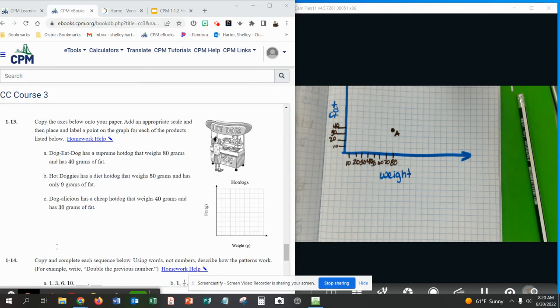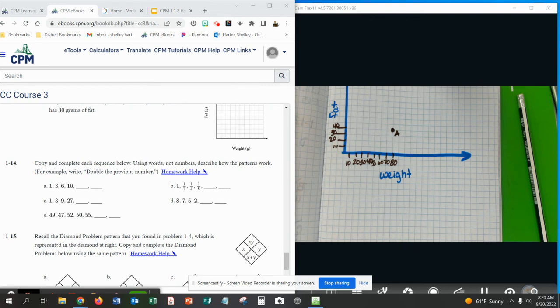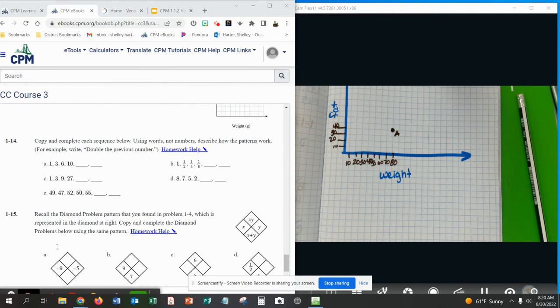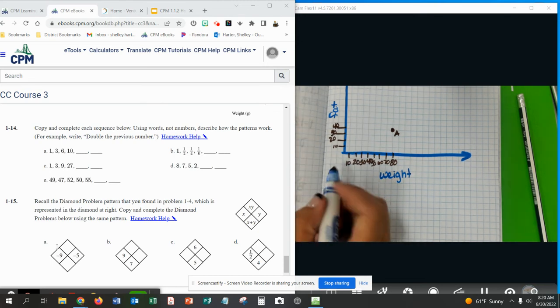I need to look through the next set. For 1-14, it says copy and complete the sequence below. Use words, not numbers. Describe the pattern. Well, let's do 1-14.